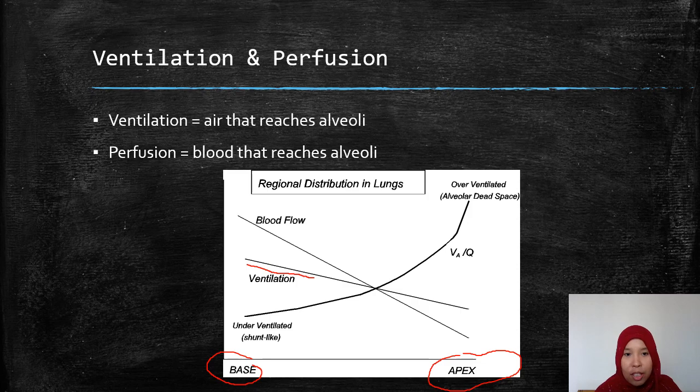And then looking at the blood flow, which refers to the perfusion, the blood that reaches the alveoli. Blood flow at the base of the lung is really high compared to the apex of the lung, where it's really low.